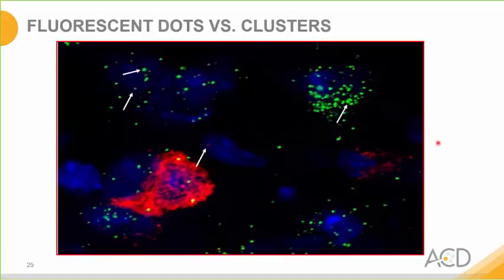Similar patterns of dots and clusters are seen in fluorescent versions of the assay. Again, you can see next to this arrow a likely cluster of green dots relative to a single dot here, representative of a likely single messenger RNA transcript.